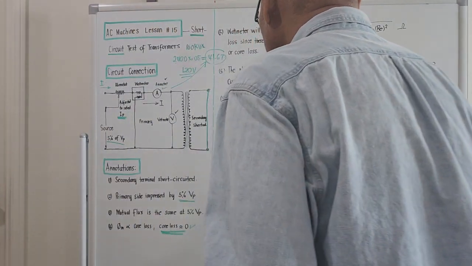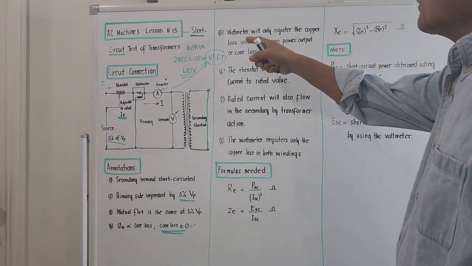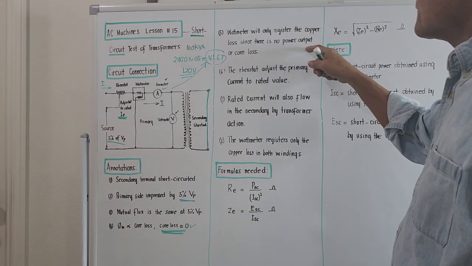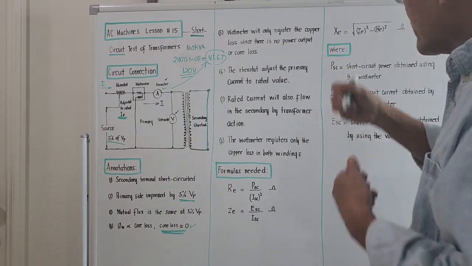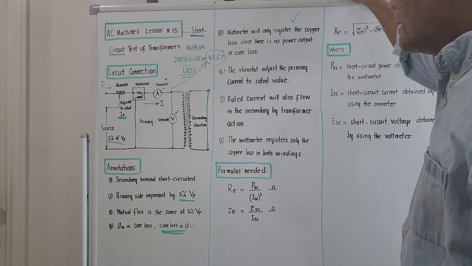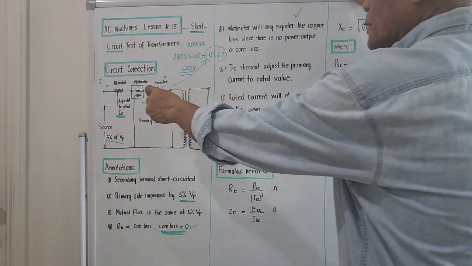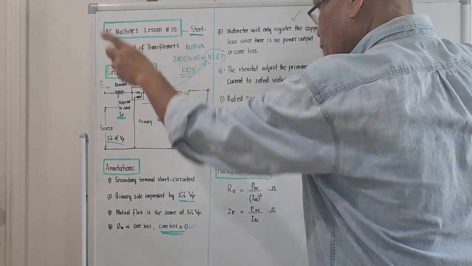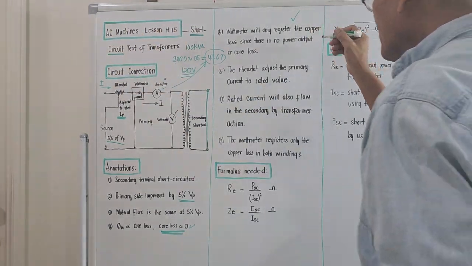Number 5, the wattmeter will only register the copper loss since there is no power output or core loss. The power registered by the wattmeter in terms of true power will only be the copper loss.